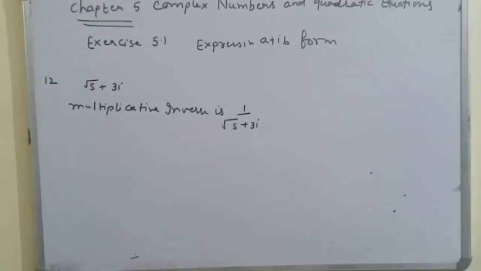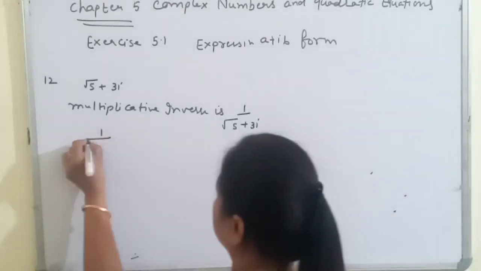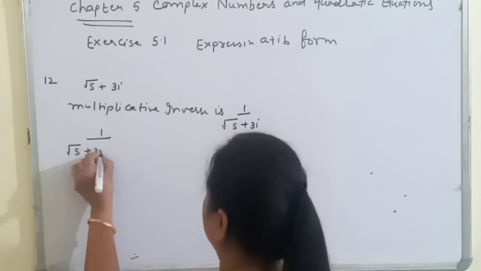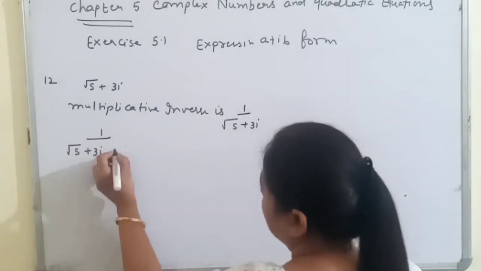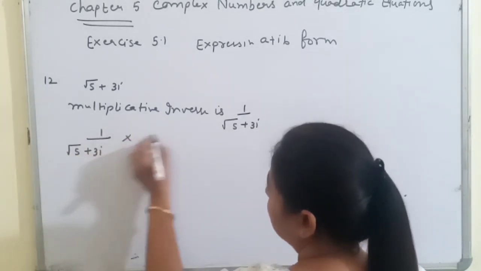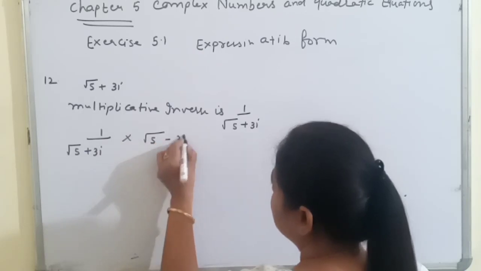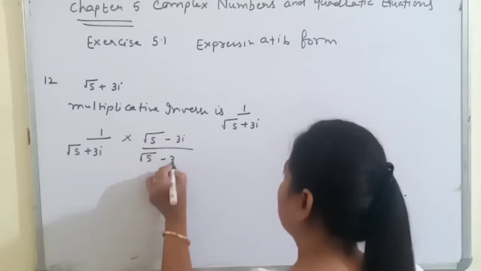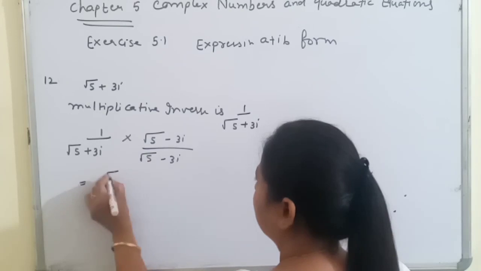Now rationalize the denominator. On rationalizing the denominator, this will become root 5 minus 3 iota, multiplied by 1.